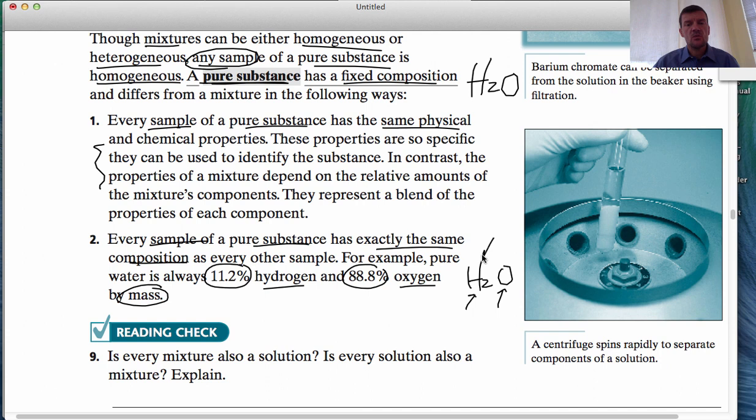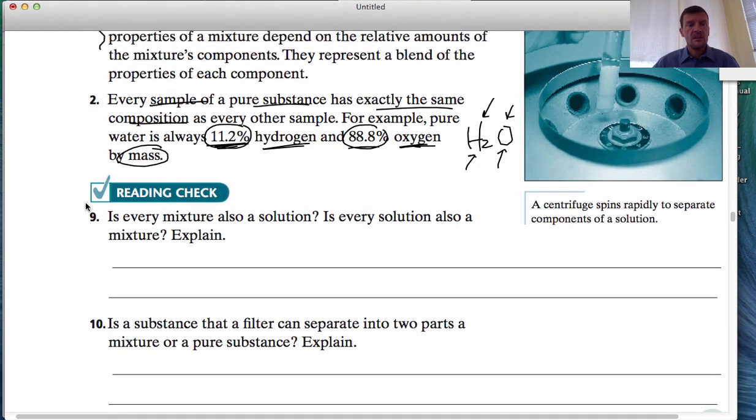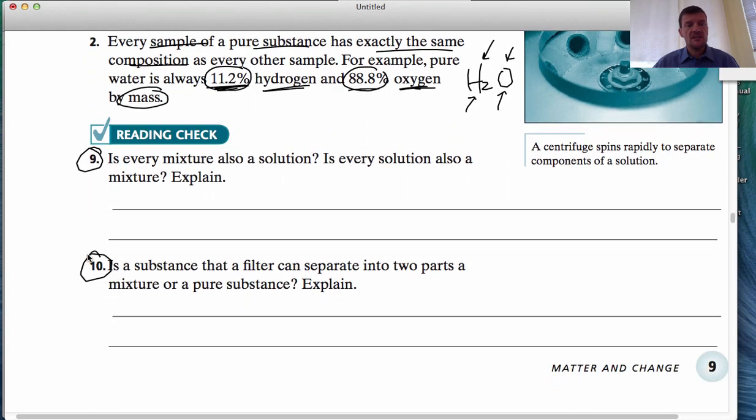Even though it has twice as many particles of hydrogen as oxygen, the hydrogen is so much lighter. So by mass, if you were to actually calculate the mass, any sample of water, doesn't matter how big or how small, it's always going to have 11.2% of its mass be hydrogen and 88.8% of the mass be oxygen. Okay? Reading check number 9 and 10. You can answer those now.